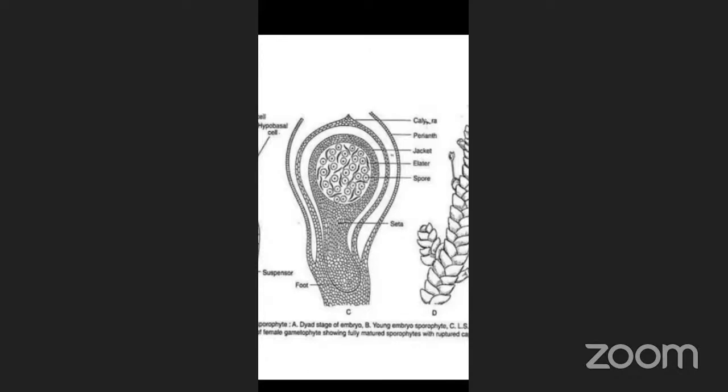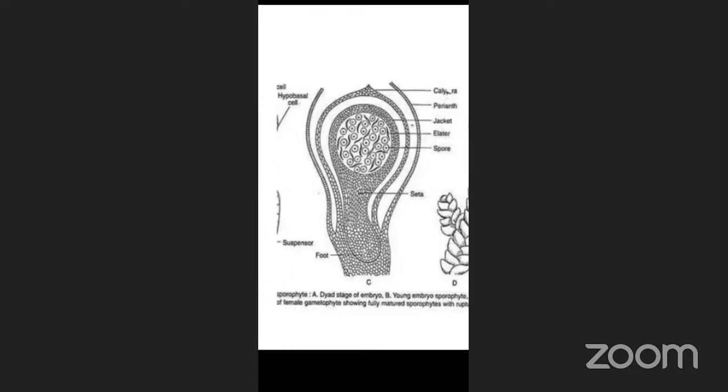Okay, clear? In the Pellia sporophyte, the hypobasal cell does not get involved in the development of the sporophyte. Only the upper part of the tier, the epibasal cell, divides and develops as the outer amphithecium and inner endothecium.